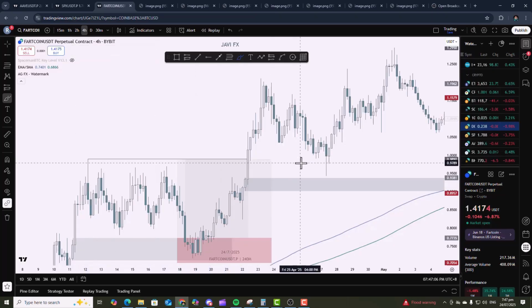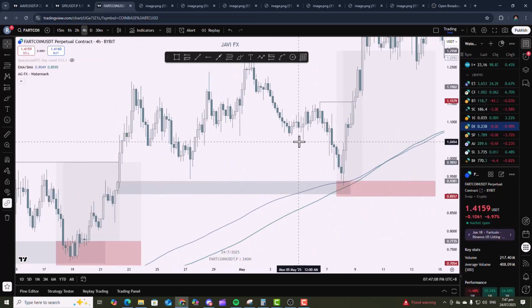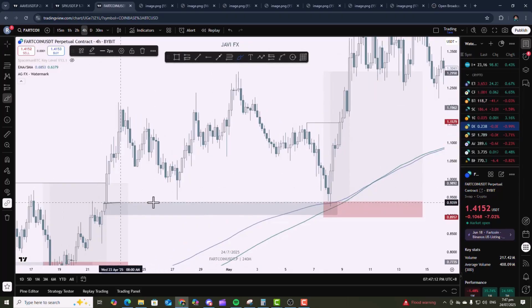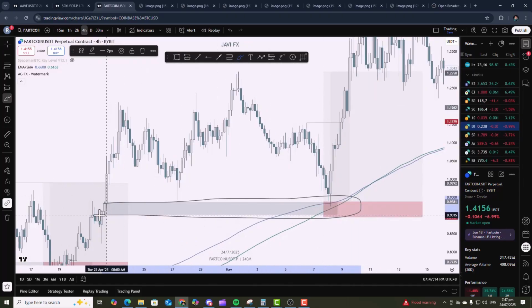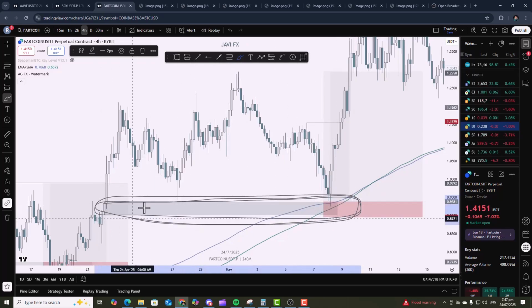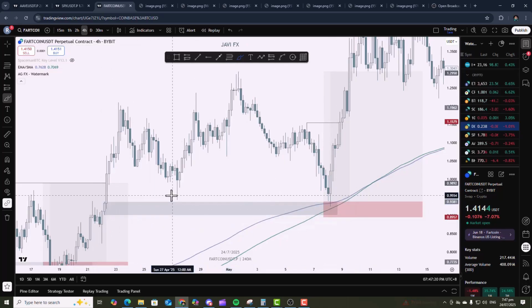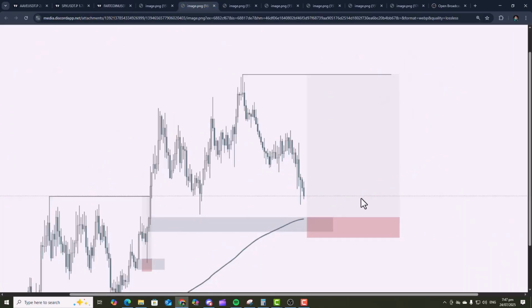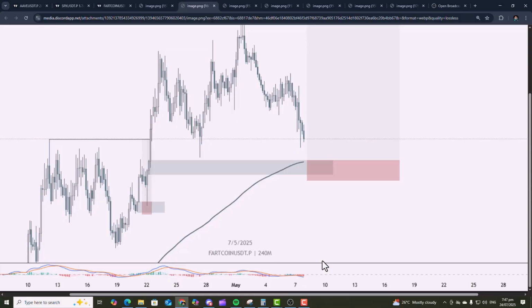Beautiful. And if you can see here closely, what is this? This 4-hour demand zone sits right at, guess what? Right at the moving average. Now, what if I told you I sent it ahead of time? May, what is this?